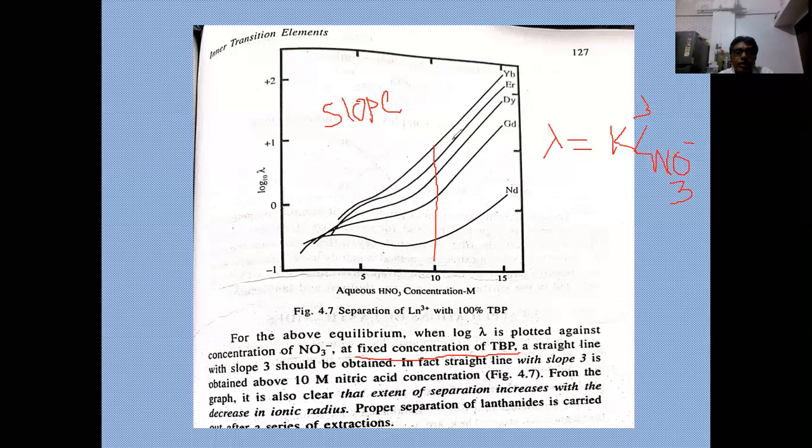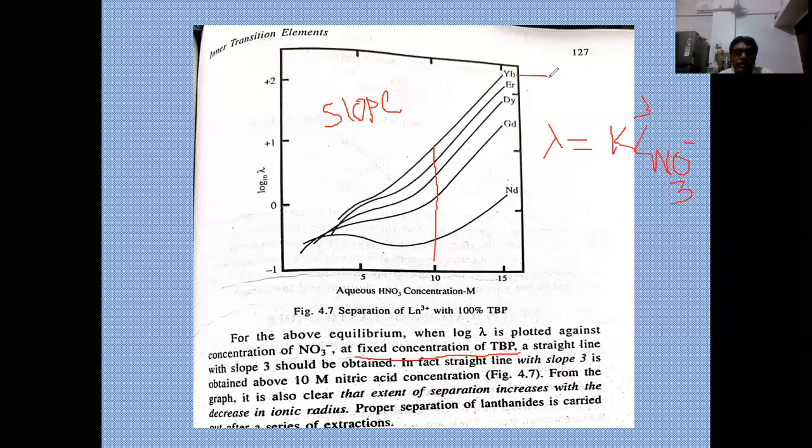Now from the graph, it is clear that the extent of separation increases with decrease in ionic radius. You can see, in case of ytterbium, the separation factor alpha value is higher because the ionic radius of ytterbium is smaller.